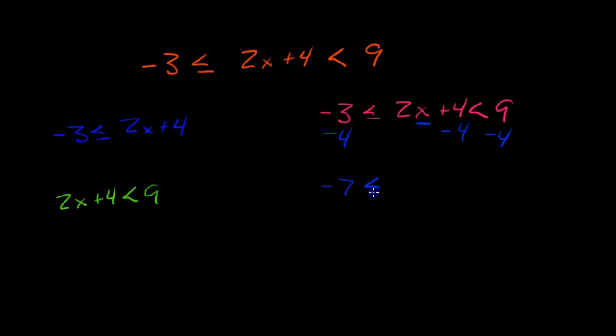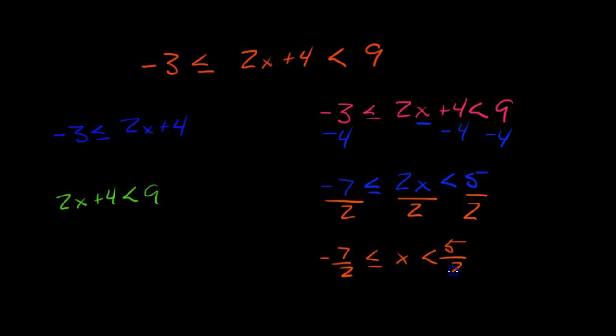Negative 7 is less than or equal to 2x, which is less than 5. From here, then we would divide by 2. We get negative 7 halves is less than or equal to x, which is less than 5 halves. And that would be our solution to this problem.